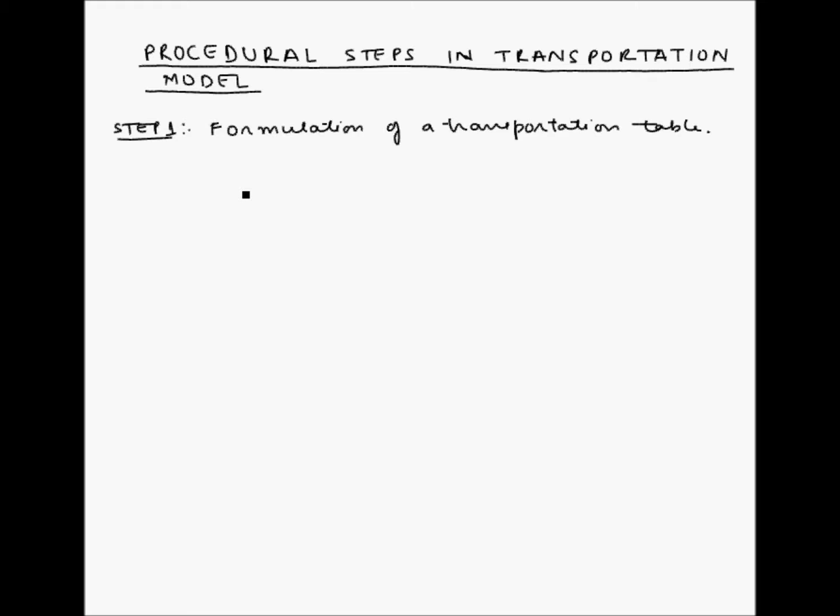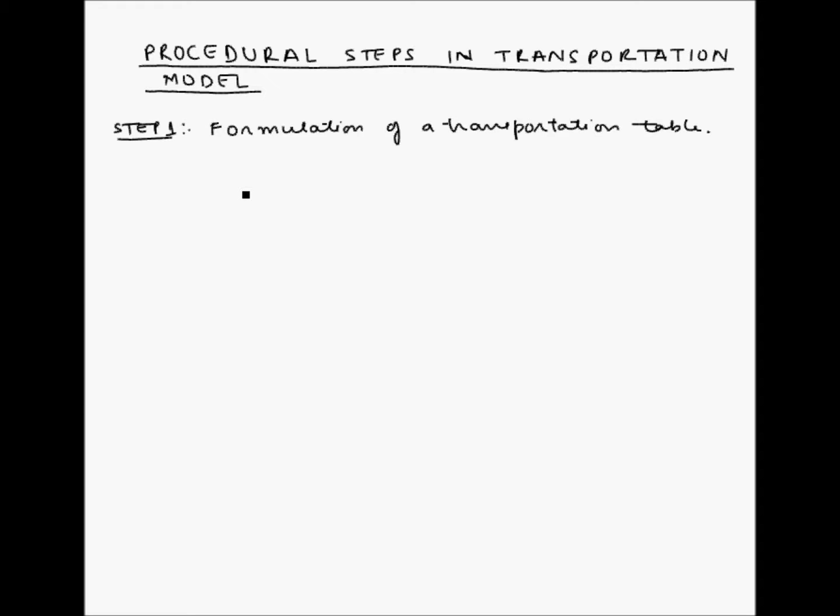Now each of the supply source will have a supply capacity, and each of the demand destination will have a certain demand, and there will be a cost associated with shipping the material from each of these sources of supply to each of these demand destinations.